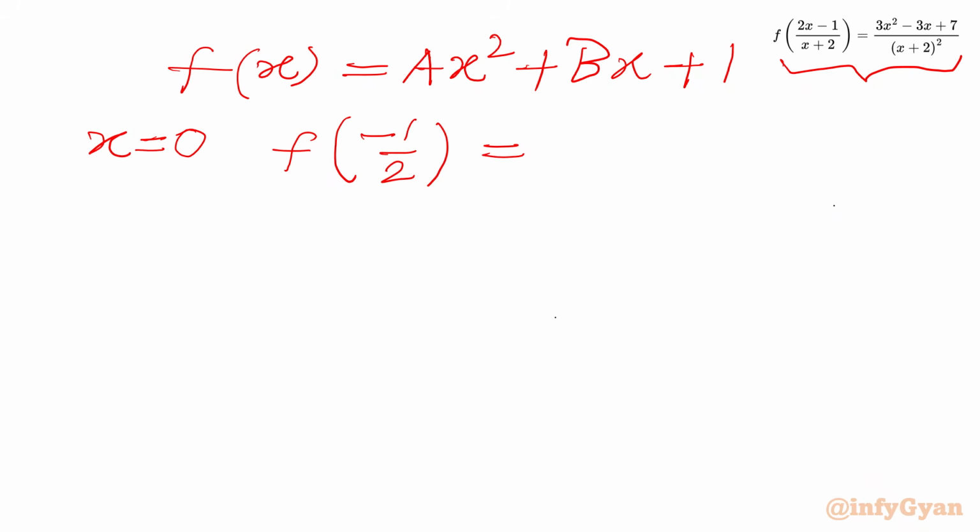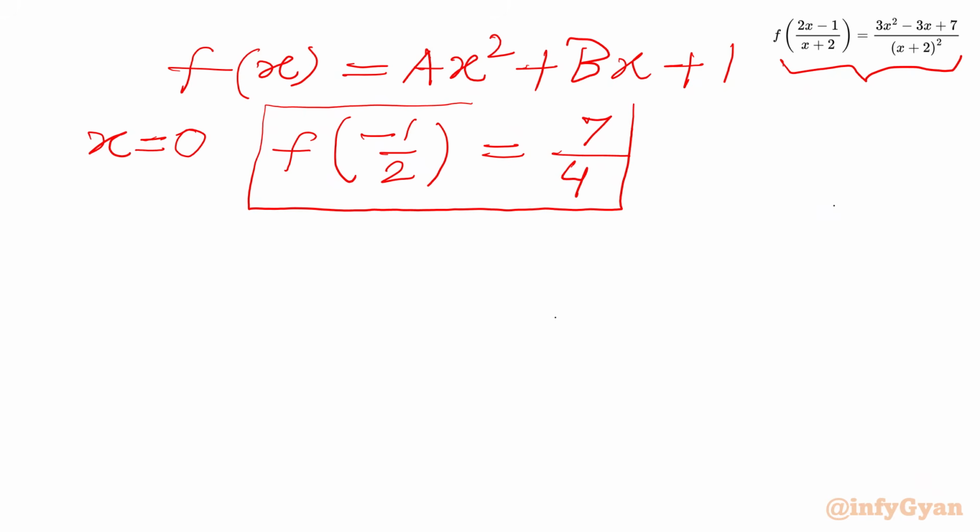On the right hand side, we will get 7 over 2 square, which is 4. So we have one result, f of minus half is 7 over 4, which we will apply to our functional equation. Now I will put x equal to 2.